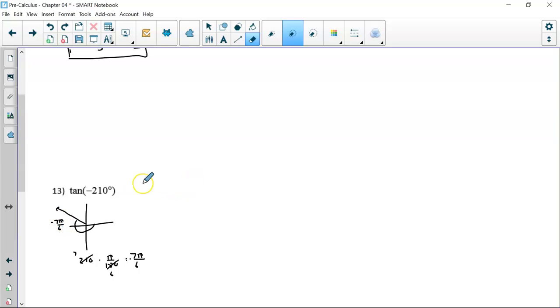Now, all I need to know is that I'm in quadrant 2, and I have a pi over 6. Every time I have a pi over 6, I'm at root 3 over 2, 1/2, and my tangent would be root 3 over 3. Since I'm in quadrant 2, my x-coordinate is negative, my y-coordinate is positive, and my tangent is going to be negative as well.